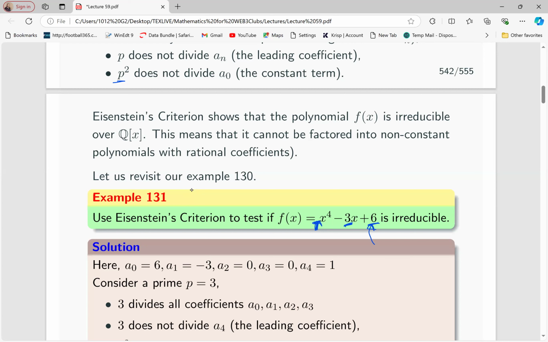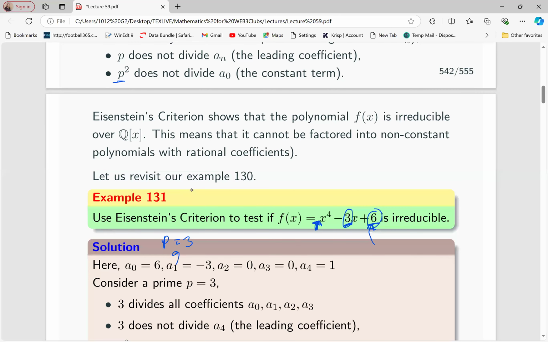So the prime number I'm thinking of is 3. For instance, prime number 3 can divide 6, can also divide -3, but it cannot divide 1. Is that okay? So it has met the first property. The second property, we square it.